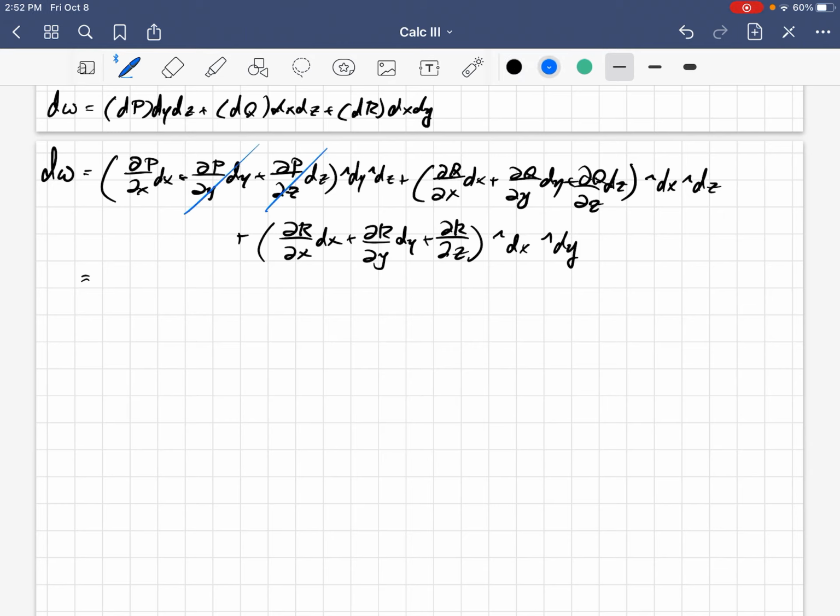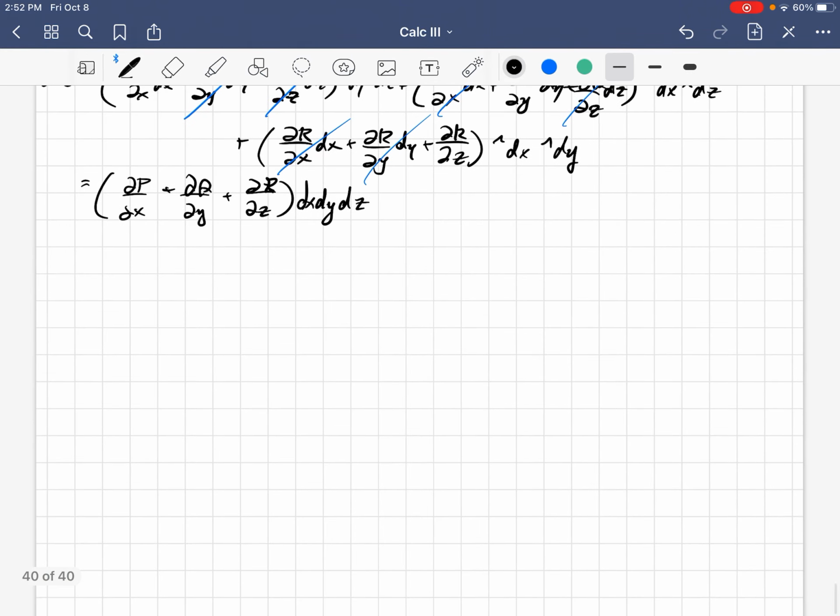This is ultimately going to go away because we're wedging it with a dy and a dz. This is going to go away, that's going to go away, and that's going to go away. And so we're going to end up getting partial p with respect to x plus partial q with respect to y plus partial r with respect to z, times each one of those terms has a dx, dy, dz.